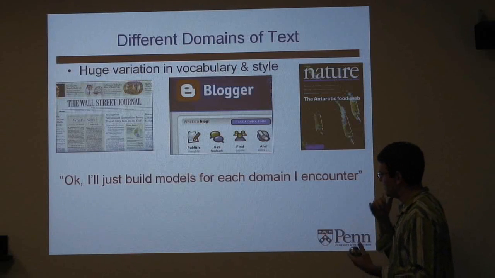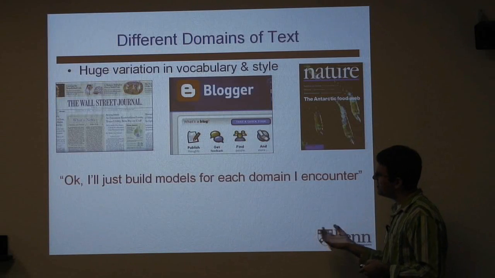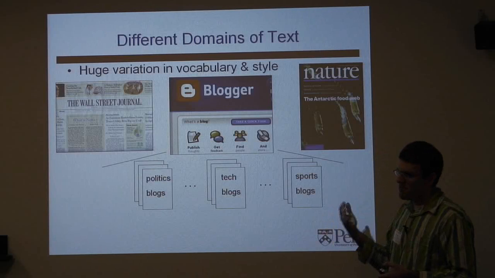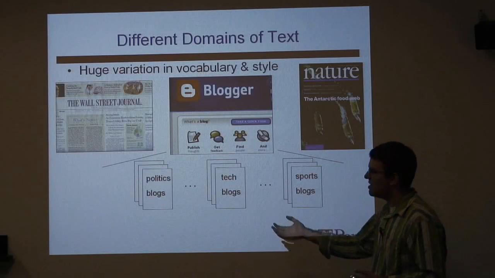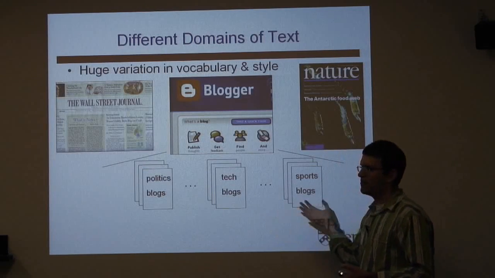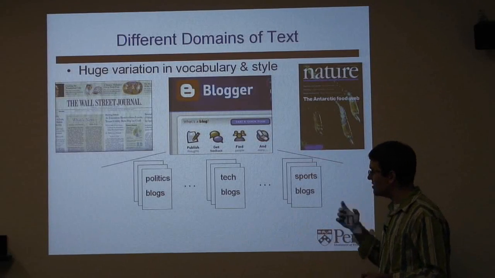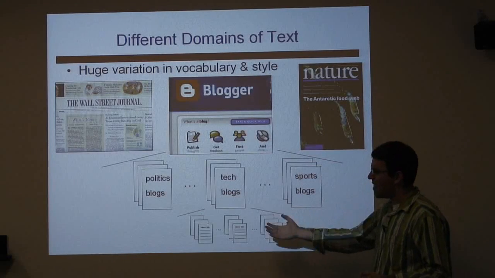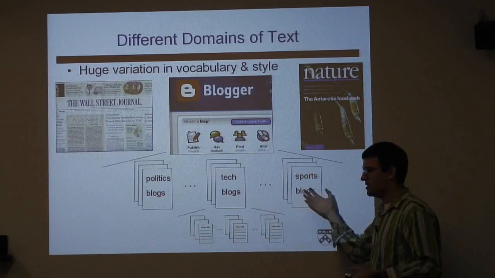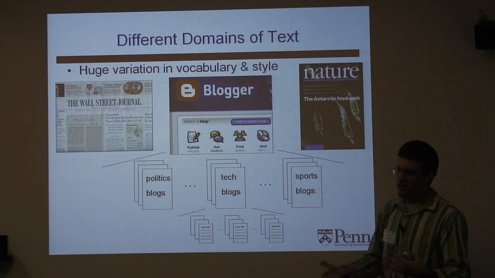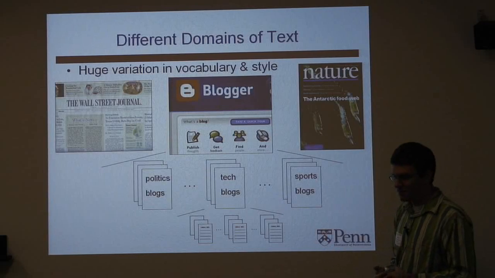It's not something that's particularly cheap. Furthermore, it's unclear what exactly is meant by domain. Obviously within blogs, there's a wide variety of different kinds of language that people use. And even within certain types, you may have blogs about cell phones versus about software. Again, where do you draw the line?